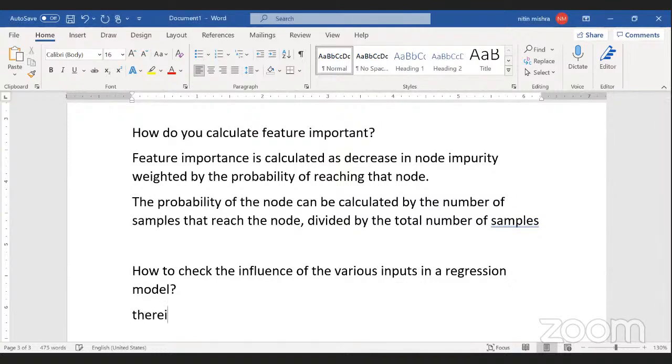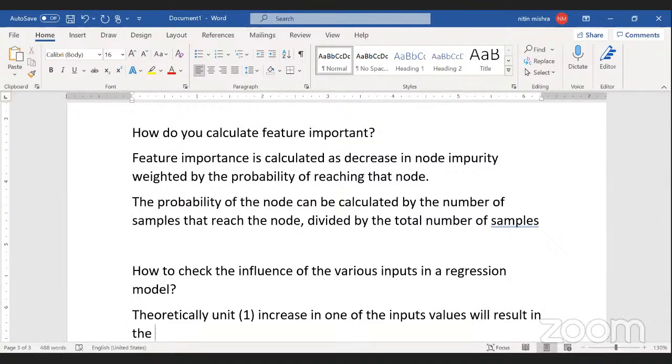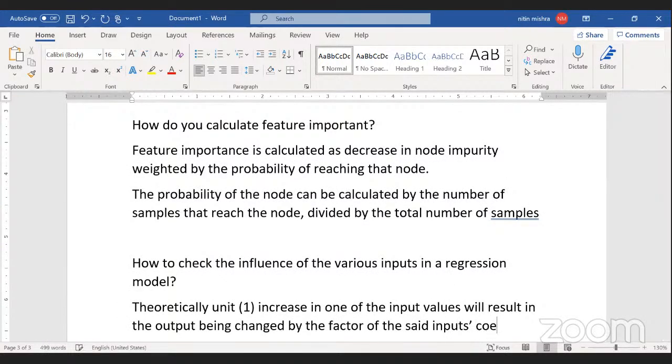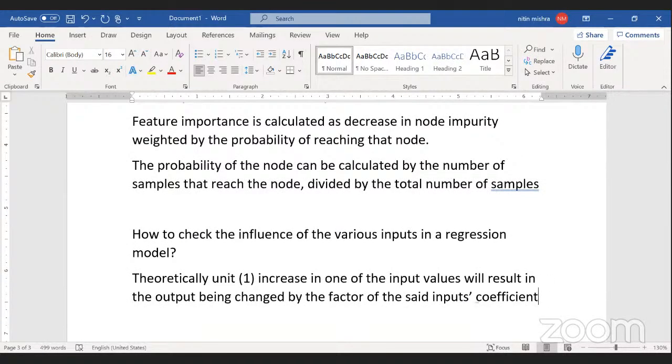So a unit increase in one of the inputs results in a change by the factor of the said input's coefficient.